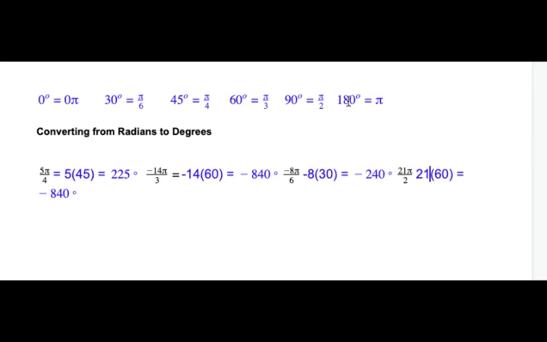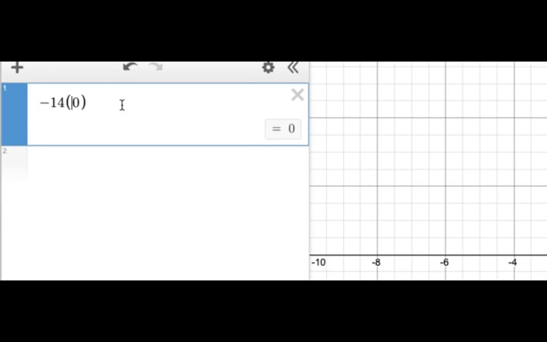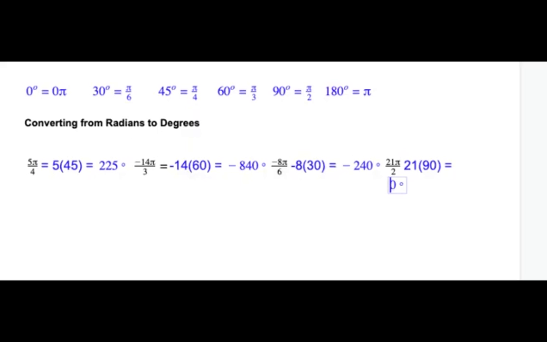A pi over 2 is worth 90 degrees. 21 times 90, I get 1,890 degrees. That's how you convert from radians to degrees.